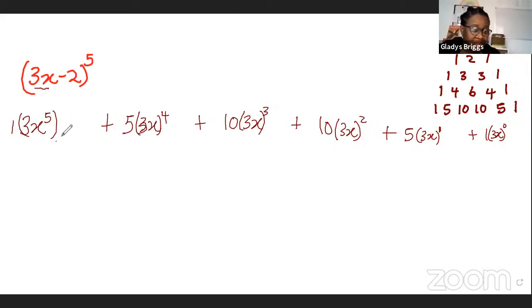Negative 2 to the power of 0, and negative 2 to the power of 1, and negative 2 to the power of 2, and negative 2 to the power of 3, and negative 2 to the power of 4, and negative 2 to the power of 5.